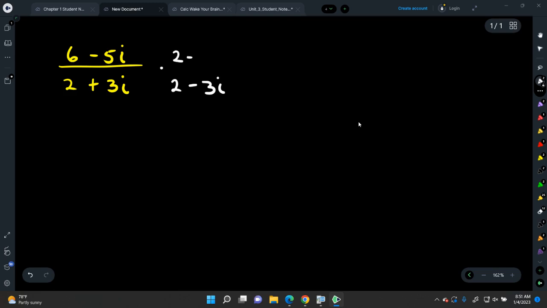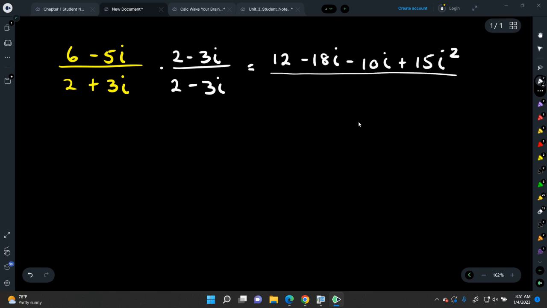Conjugate, 2 minus 3i. So we get 12 minus 18i minus 10i plus 15i squared over 4 minus 6i plus 6i minus 9i squared, which gives me 12 minus 28i plus 15 times negative 1.